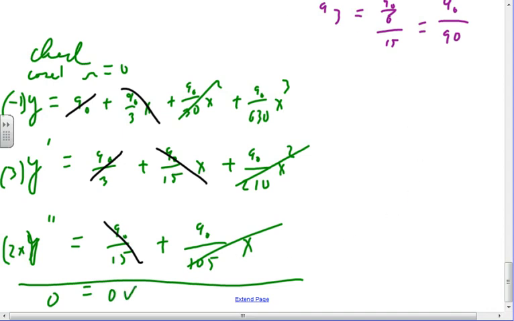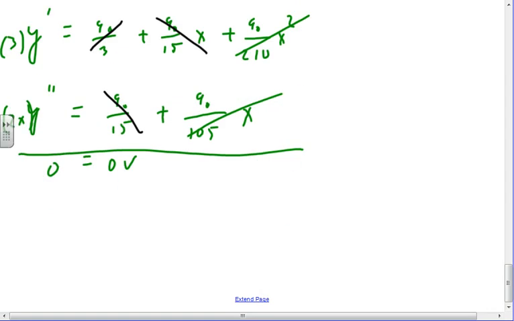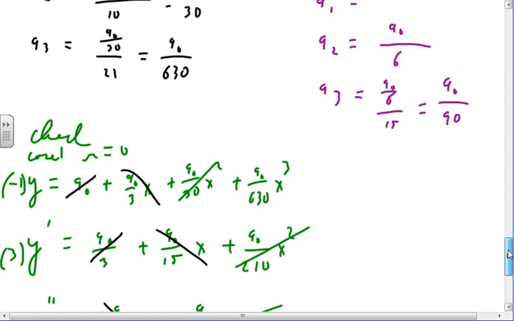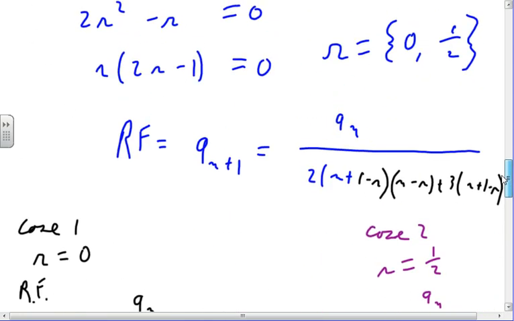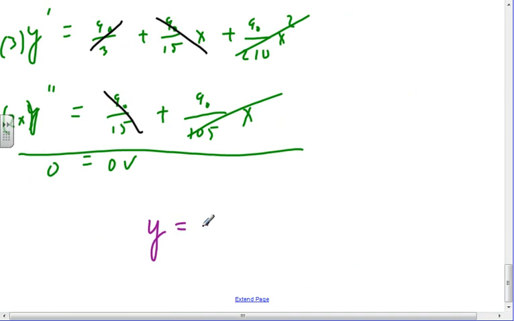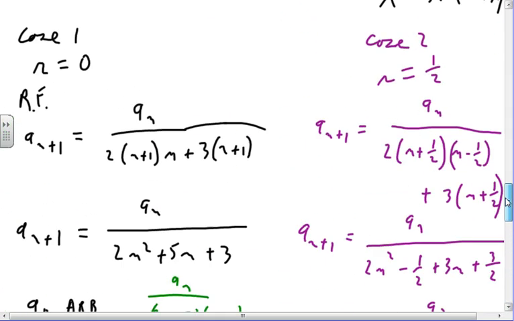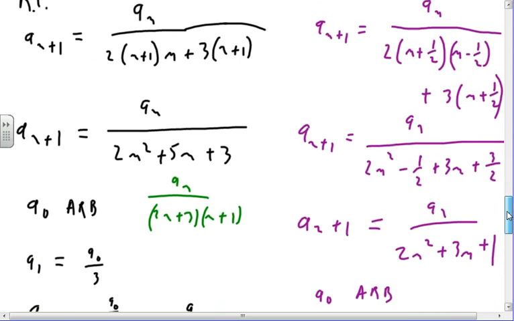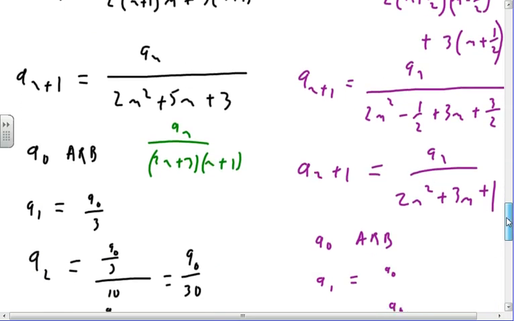Now the second guy is going to be different. So I'm going to have y is equal to, r is equal to 1/2, right? So it's going to be a0 x to the minus 1/2 plus... plus what?